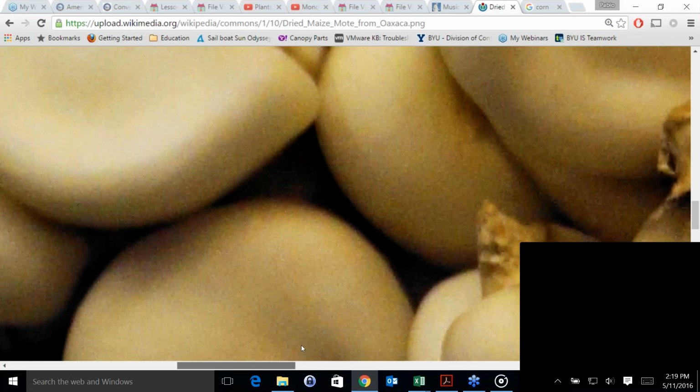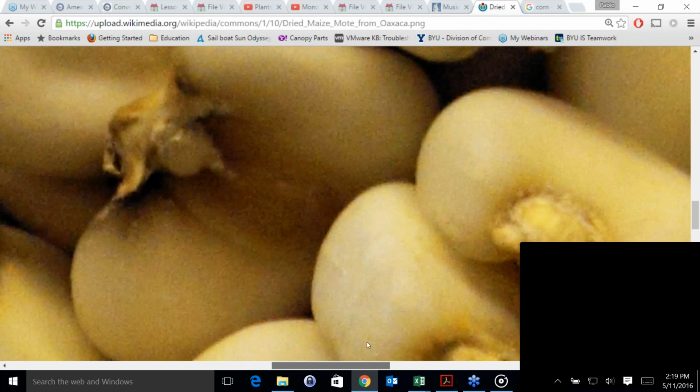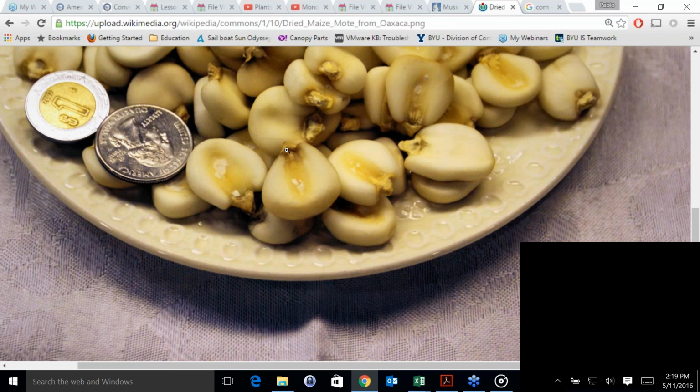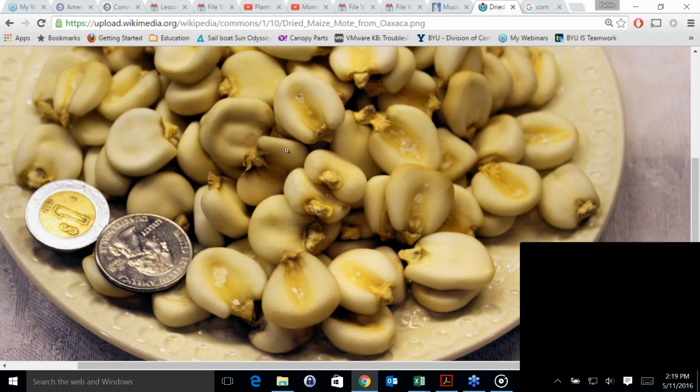Okay, let's see if this shows better. Very large. But there you have the kernel, and most of it is the endosperm and the cotyledon, and the embryo is just the little part at the top. So that gives you a good image of that.